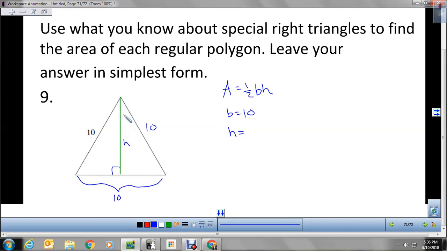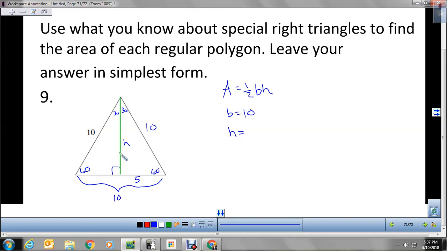Now in an equilateral triangle, each angle is 60 degrees. Because we bisected this angle right here, it's no longer 60, each of these are going to be 30. So we have two 30, 60, 90 right triangles. Which means if this is going to cut it in half, that means that this segment right here is cut in half, which means this is 5. Which means the hypotenuse is double.